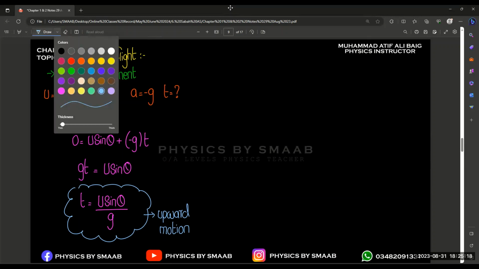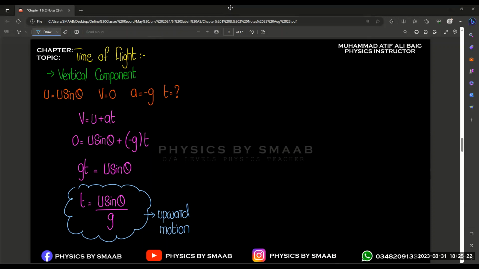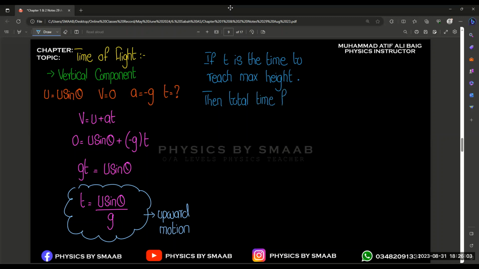Before that, let me write one important point that will help you remember after the class. If t is the time to reach maximum height, then the total time for flight will be 2 times t, right?